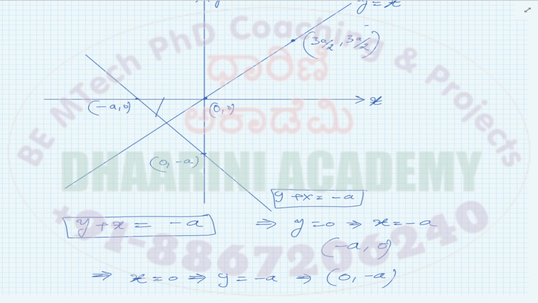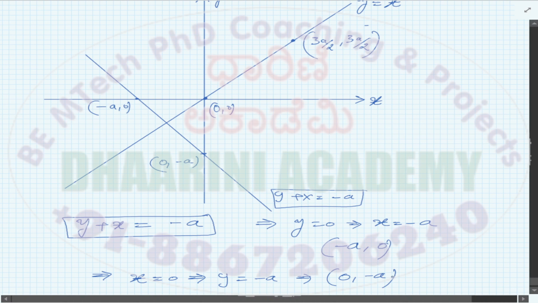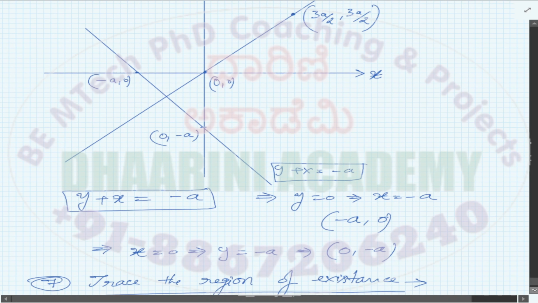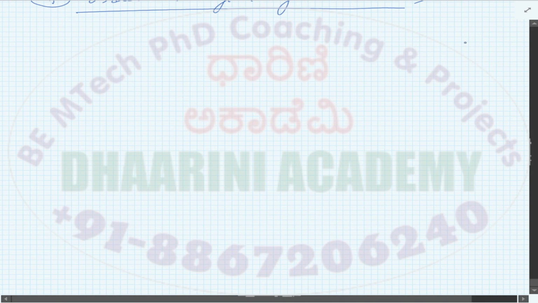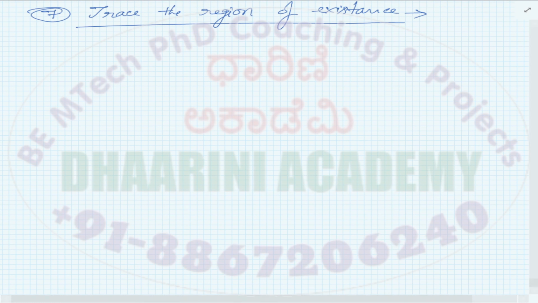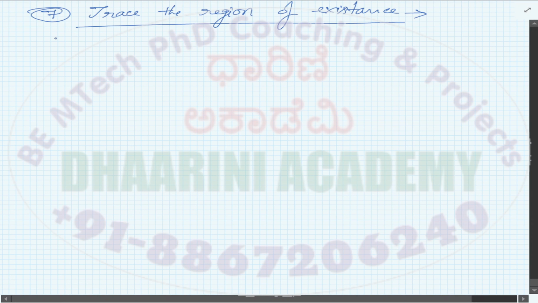In this blank space, will you write something or not? That's the point. So just to identify this region of existence, to check whether it is there in the third quadrant or not, you have the following test to be conducted. What you do, you simply check f of x, y and f of minus x, minus y.